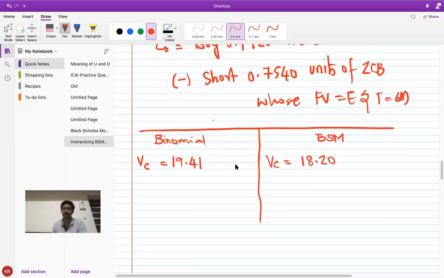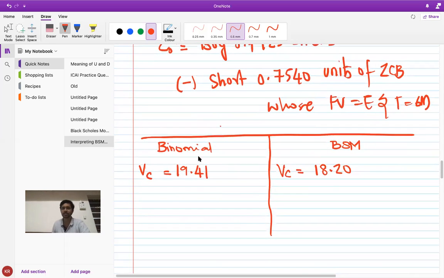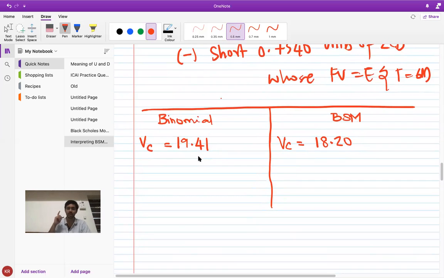Right? So the value of a call option has basically improved, or the methodology to calculate the value of a call option has. In single period binomial, we were just assuming that the share value will change only once at maturity, and the share price can only take one of the two possible values.